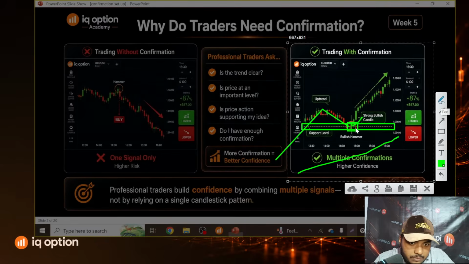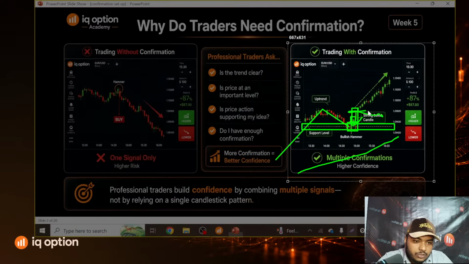After getting this bullish hammer candle, we wait for a bullish momentum. So after getting these momentum candles, we can execute our trade from here with a 5 to 10 minute expiry time frame. Or if you want to go with the future, you can execute your trade here.